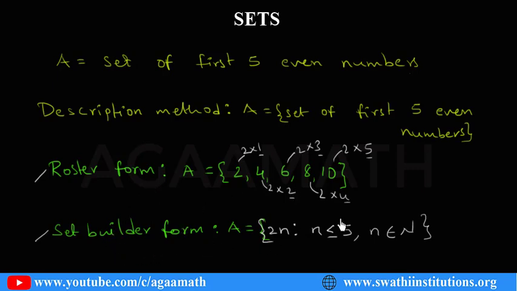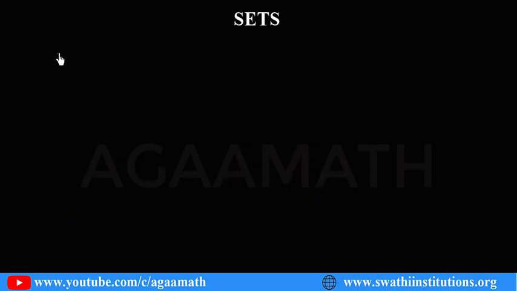Let us see a few more examples of how to write in the roster form and the set builder form. Let us take one more example here. P is a set of first 6 prime numbers.